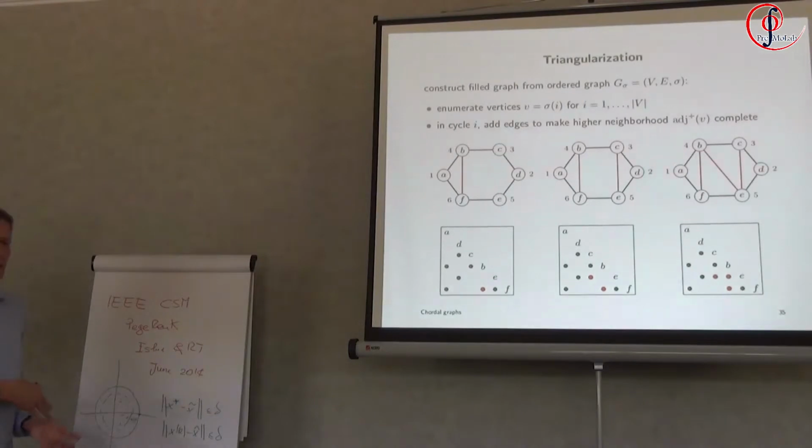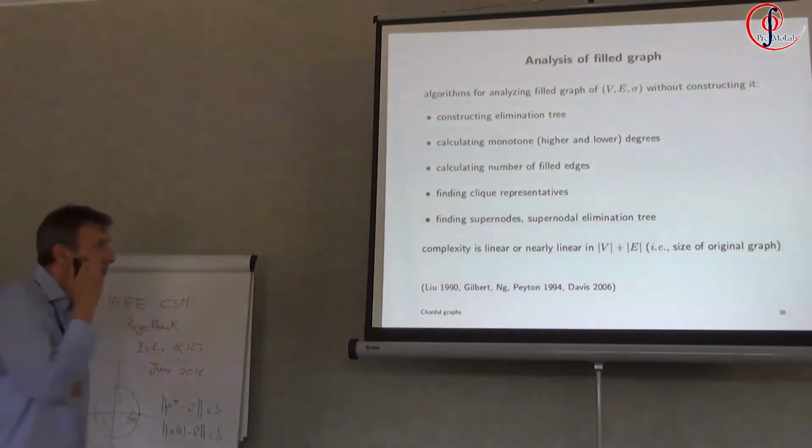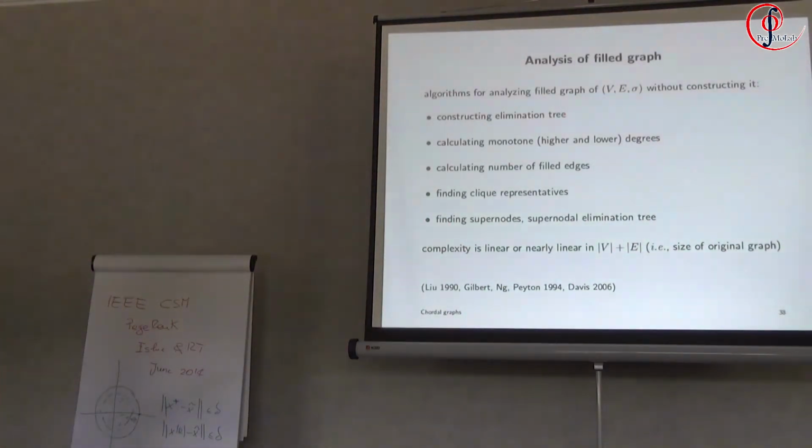And that's why these algorithms that I described based on elimination trees are important, because it turns out that you can actually get a lot of information about the filled graph from the original graph and the ordering without actually computing the filled graph. And that includes these quantities. So you can construct an elimination tree for the filled graph without actually computing the entire filled graph, just from the original graph and the ordering.